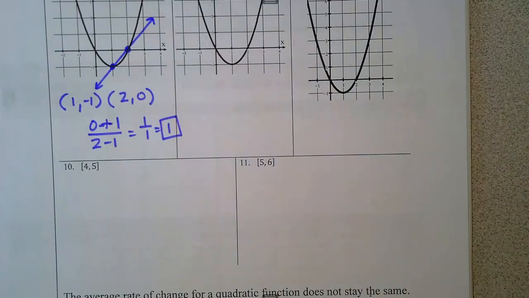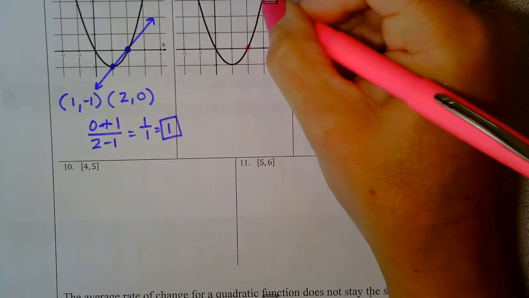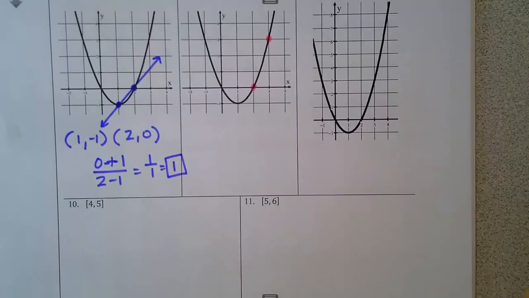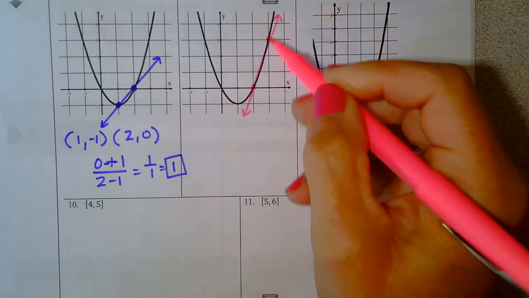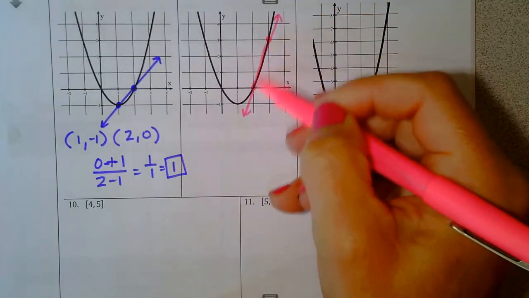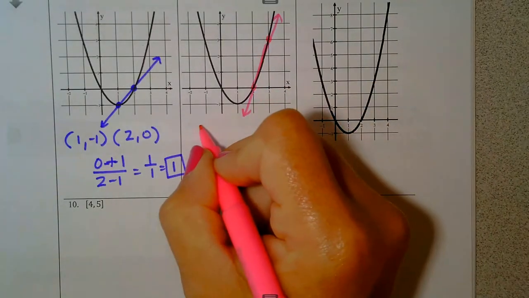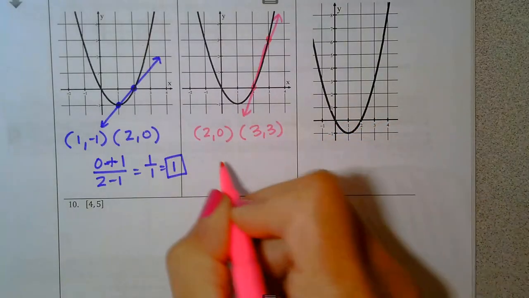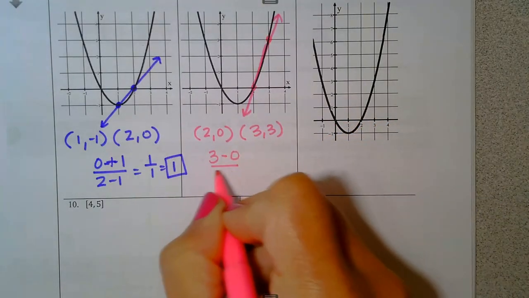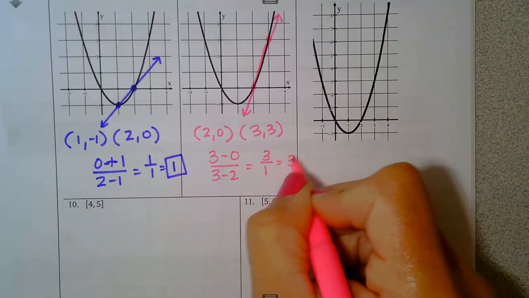Then for the next one, they want us to go from 2 to 3. So now I'm on this part, and I'm going to figure out the average slope of just this pink section. If I have 2, 0, then I have 3, 3. So 3 minus 0 over 3 minus 2 is 3 over 1, which is 3.